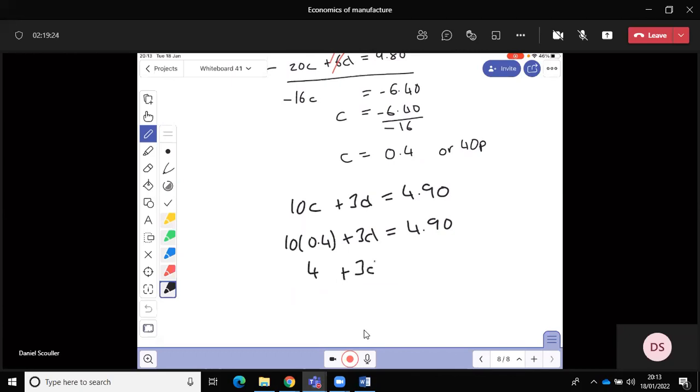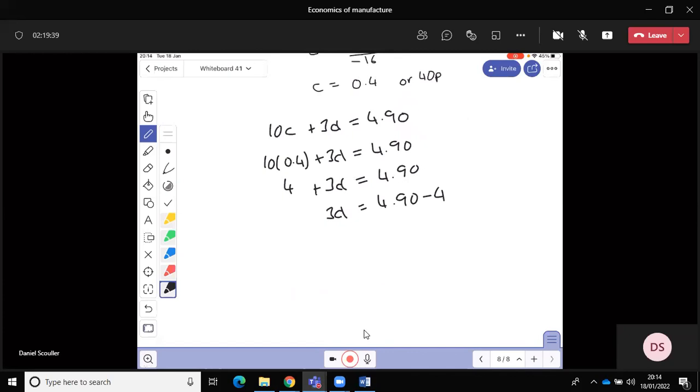Plus 3D. We get 3D equals £4.90 minus 4. Should be comfortable enough with that. 0.9.